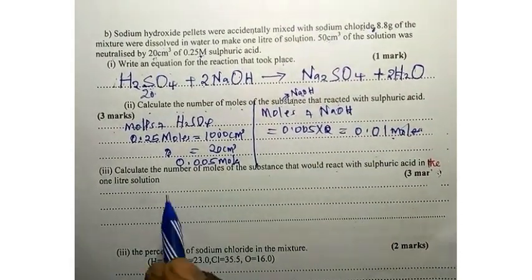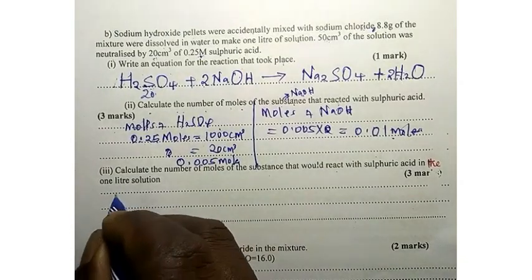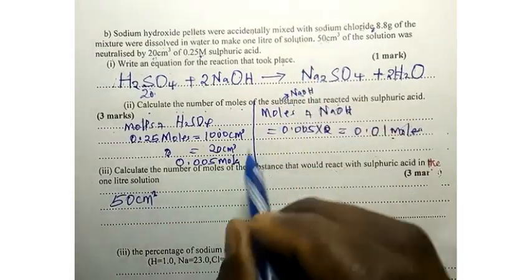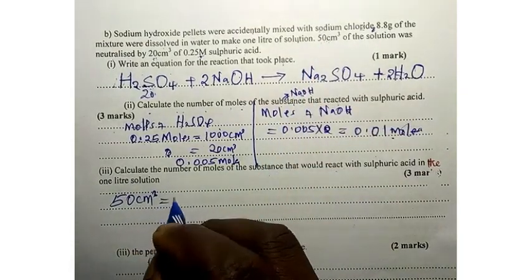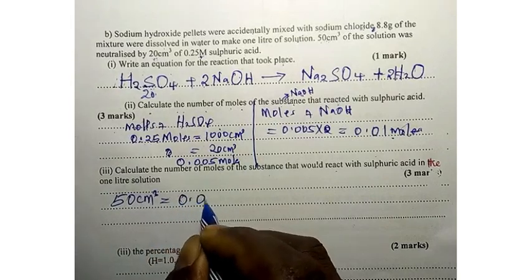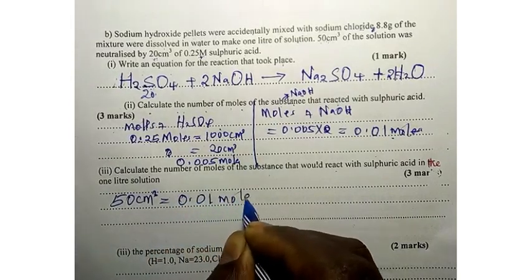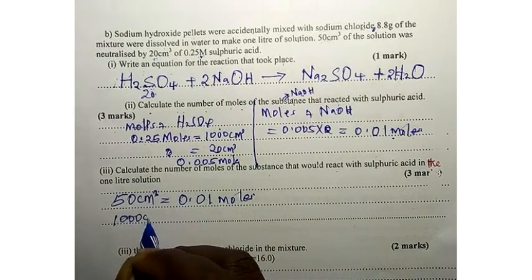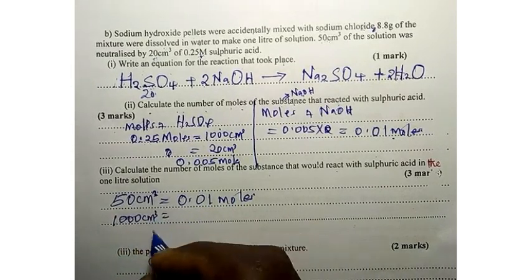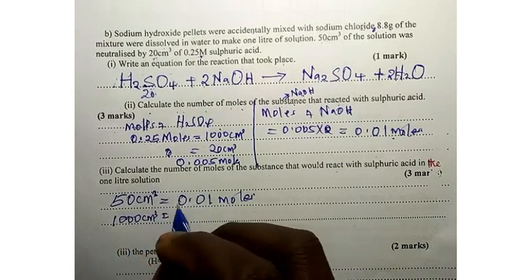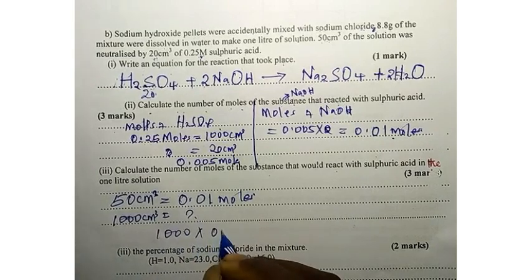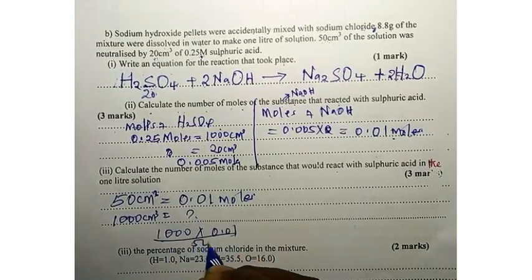So we will ask: the 50 centimeters cube we got of the mixture contains 0.01 moles, so 1,000 centimeters cube of that sodium hydroxide would contain how many moles? 1,000 times 0.01 divided by 50.